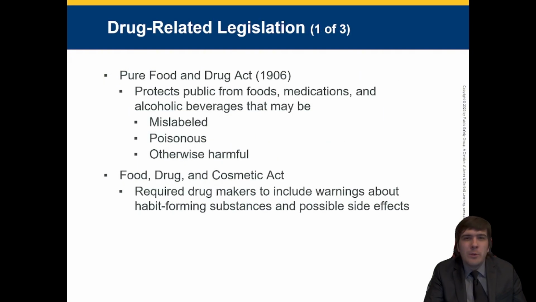We'll talk about a few different pieces of legislation that are involved with drugs. The Pure Food and Drug Act of 1906 protects the public from foods, medications, and alcoholic beverages that may be mislabeled, poisonous, or otherwise harmful. The Food, Drug, and Cosmetic Act required drug makers to include warnings about habit-forming substances and possible side effects.